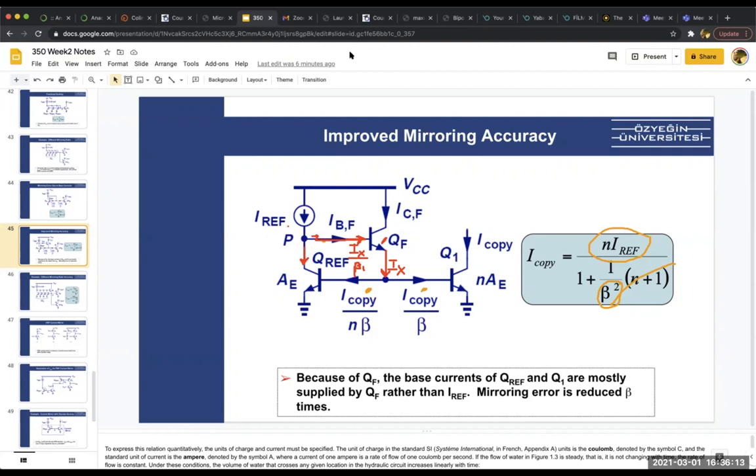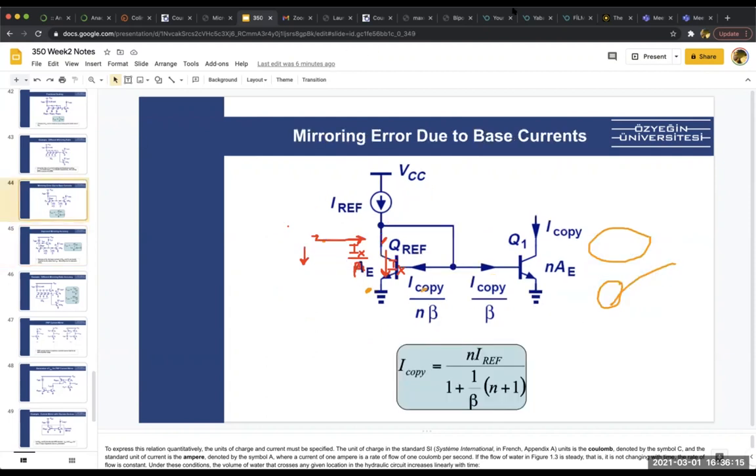So in the previous circuit, as I mentioned, these currents were affecting it. How they were affecting: these two currents, this plus this, basically is going through here. Well, now because this is going through here, this current is not IRF anymore. It's something less than IRF, this much.